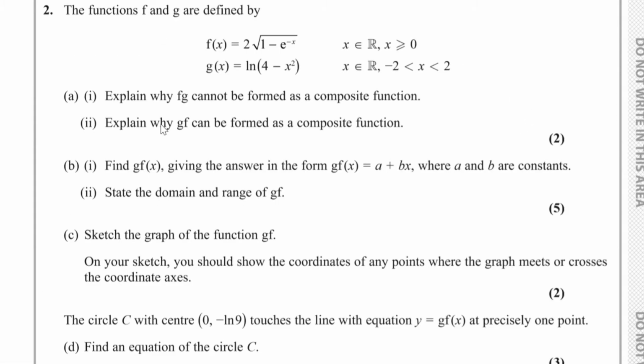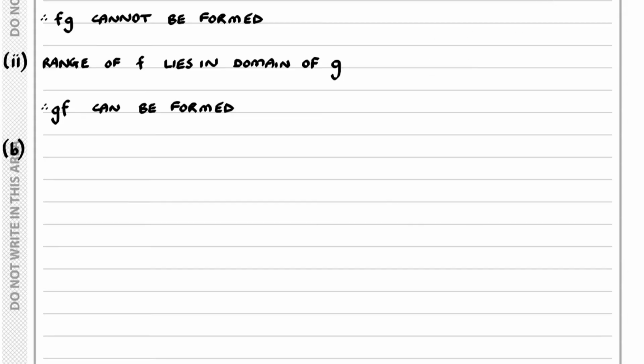For part B of the question, we have to find g of f of x, giving the answer in the form g of f of x equals a plus bx, where a and b are constants. So for part B, we want to find g of f of x, which means we need to replace x with the function f.